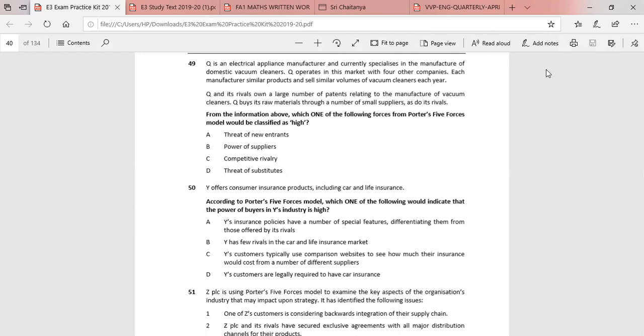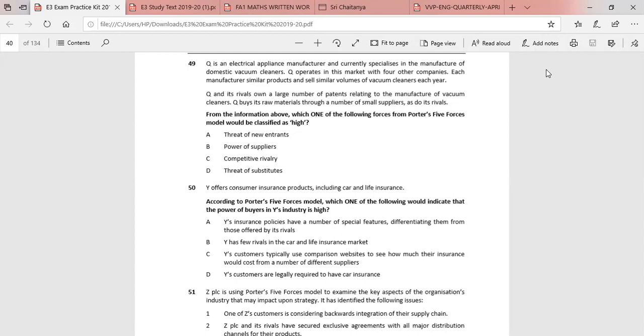Q is an electrical appliance manufacturer and currently specializes in the manufacture of domestic vacuum cleaners. Q operates in this market with four other companies. Each manufactures similar products and sells similar volumes of vacuum cleaners every year.